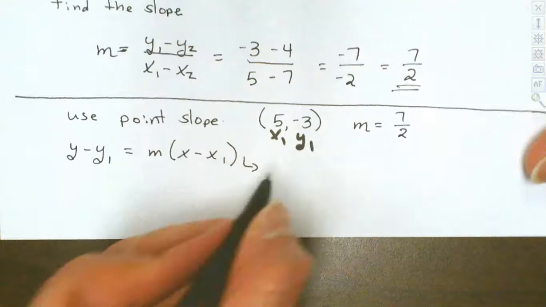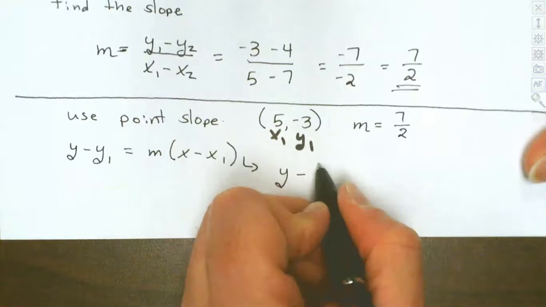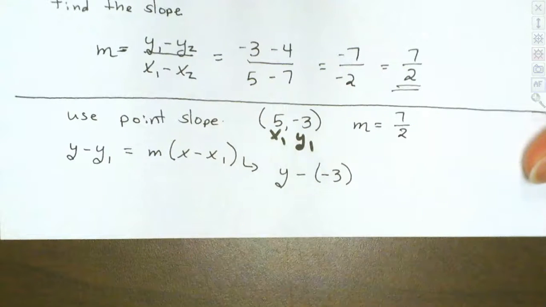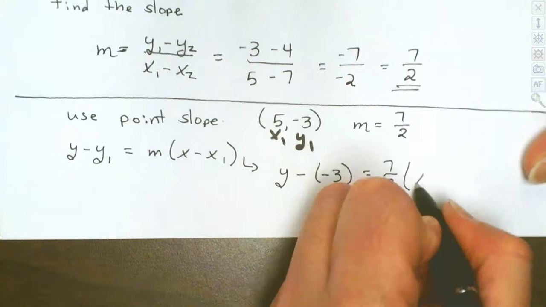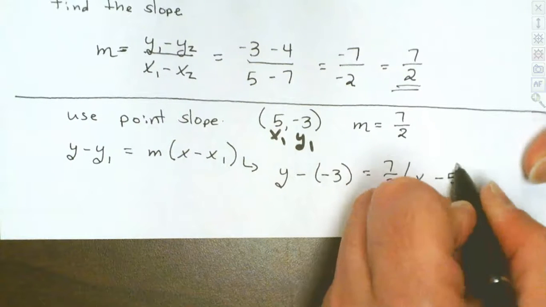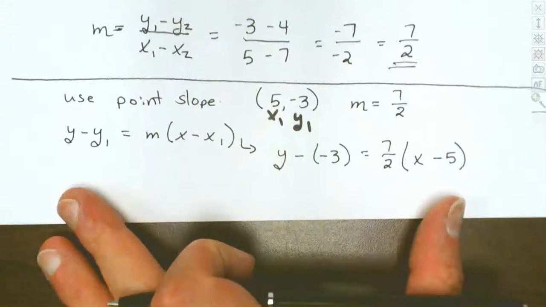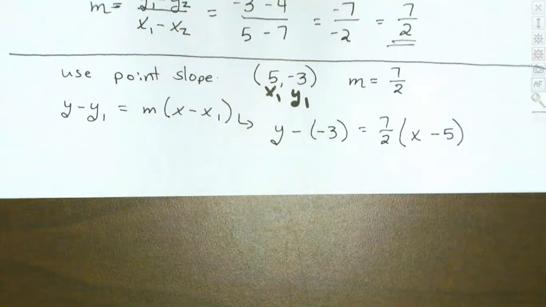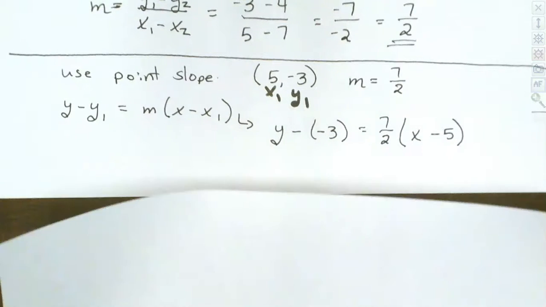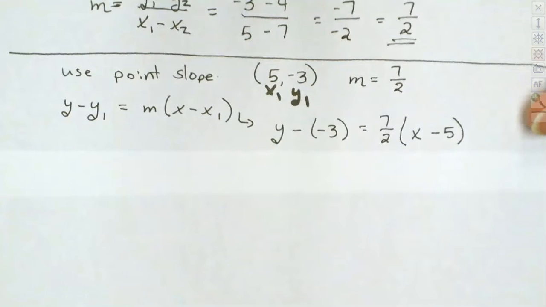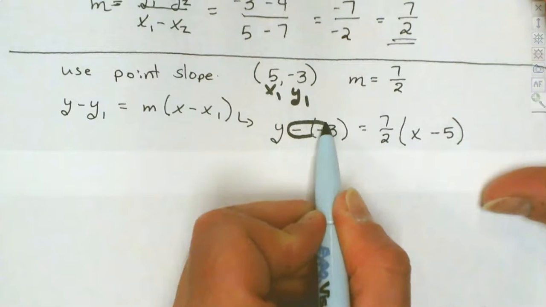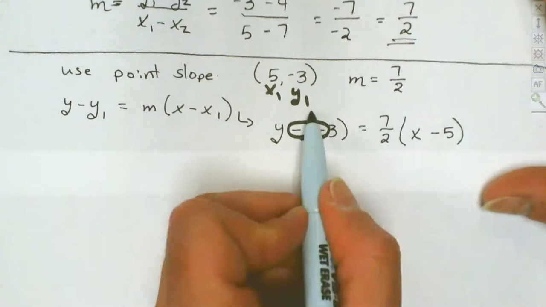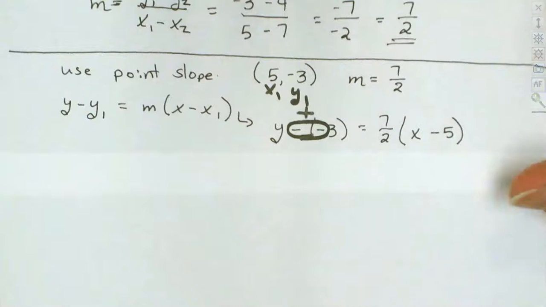And that makes it now y minus a minus 3 equals 7 halves times x minus 5. And what do we know? Well, first thing we're going to do is get rid of the double negative. So that double negative is going to make it positive.